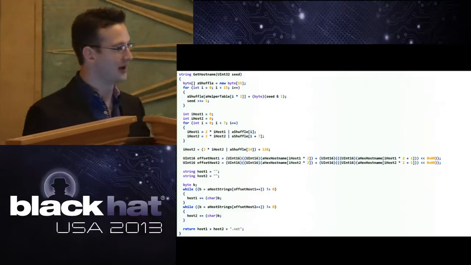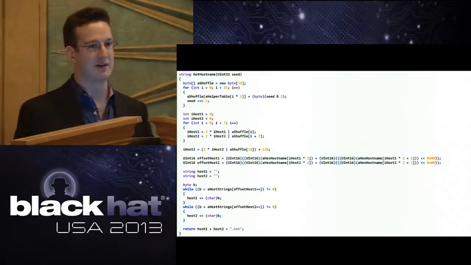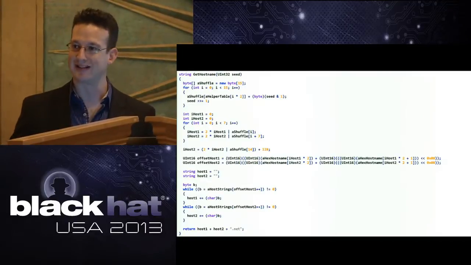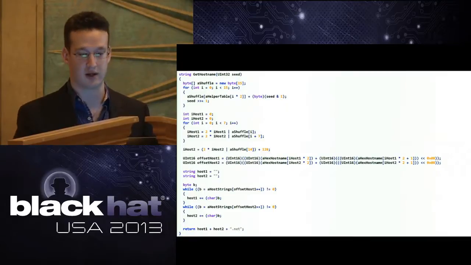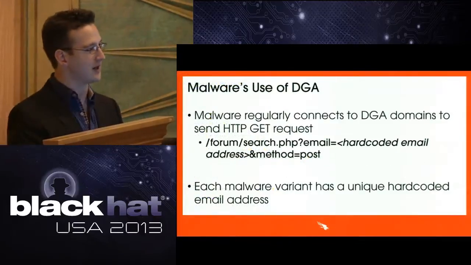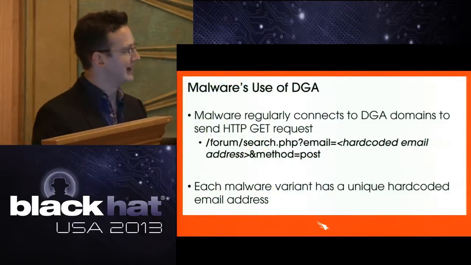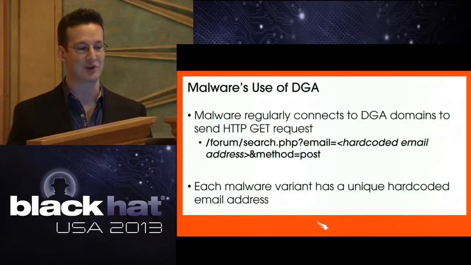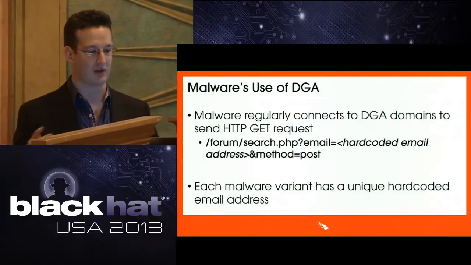And these arrays that are hard-coded are actually the same in every single variant. So every variant out there generates the same domains at the same time, no matter what computer they're running on or what variant of the malware they're running. Now once the malware generates the domain name it wants to use, it connects to, or tries to connect to those domains and tries to send this GET request.